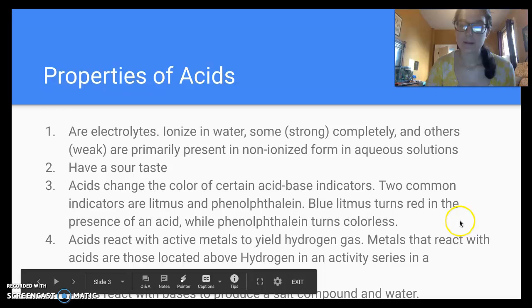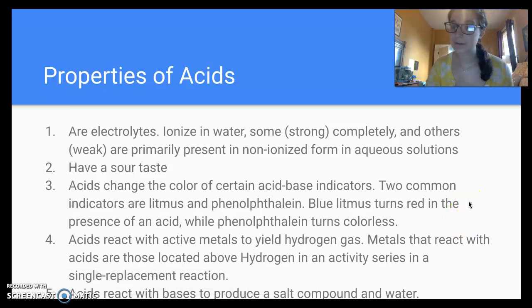They also react with metals, typically active metals, so very reactive metals, to produce hydrogen gas, which usually we see by bubbling. So if we put acid on a metal, usually we'll see bubbling occur. Metals that react with acid are located above hydrogen in a reactivity series or an activity series. So you don't have to necessarily memorize what metals are reactive and will react with acid.